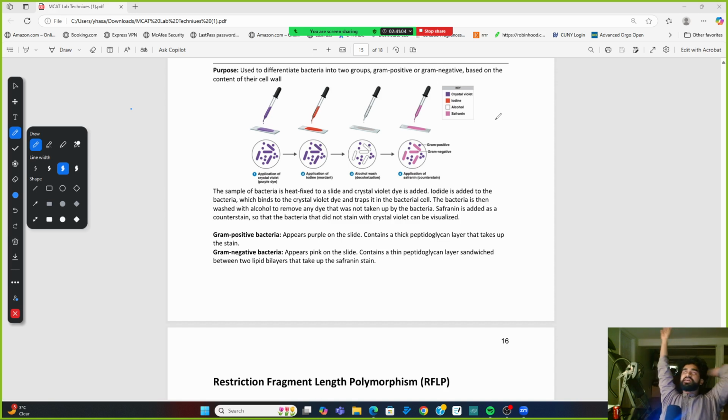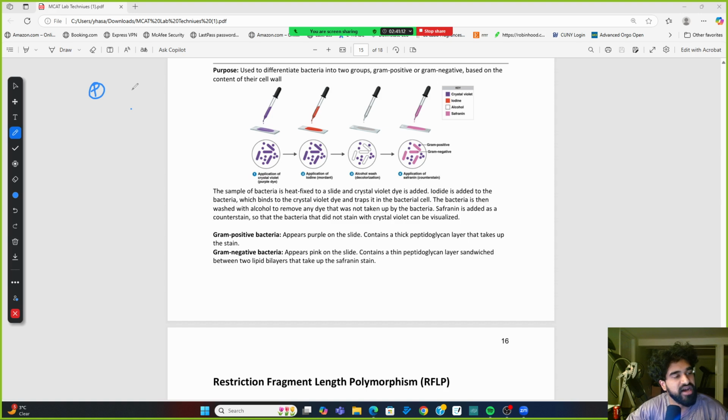So basically, gram positive has a thick peptidoglycan wall and stains violet. Gram negative has a thin peptidoglycan wall and stains pink.